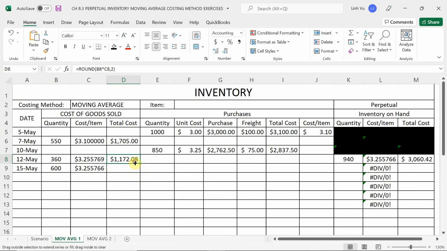Did you recalculate that? I did. I divided $3,060.42 by 940, and I still got 3.25576. My question is, is this a formula or not? It is a formula.